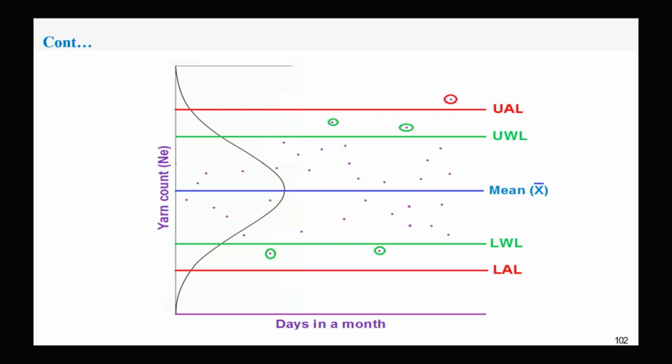So this is the type of control chart, with days in a month on the x-axis and the mean yarn count on the y-axis. On the majority of days, the count value is within the warning limit, but on a few days it crosses the warning limit, and on one day it crossed the action limit, where we had to stop the machine, and after readjustment the count came back to the acceptable limit.